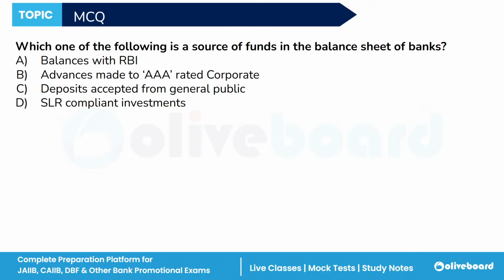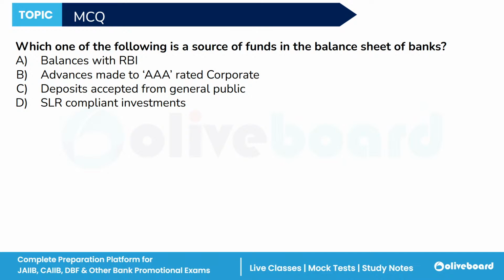Just give me a minute. Till then, read the question and try to give the answer which option is correct according to you. And these questions are basically taken from the Macmillan.